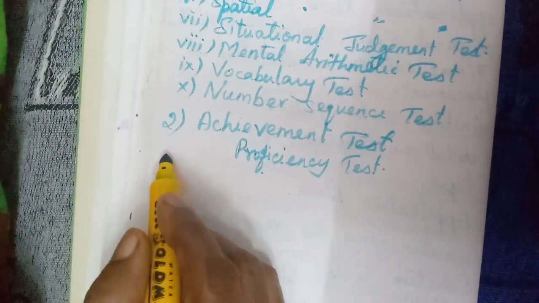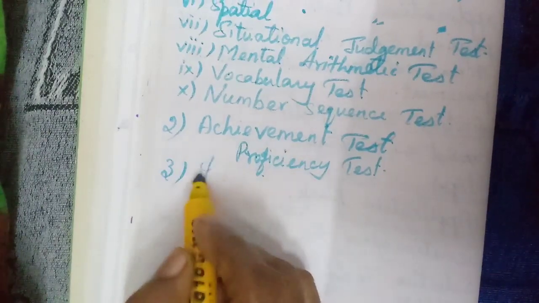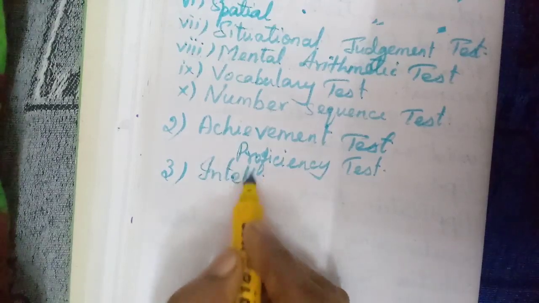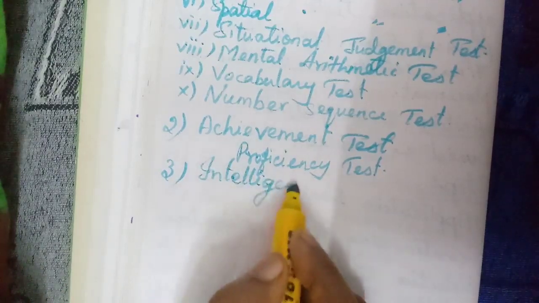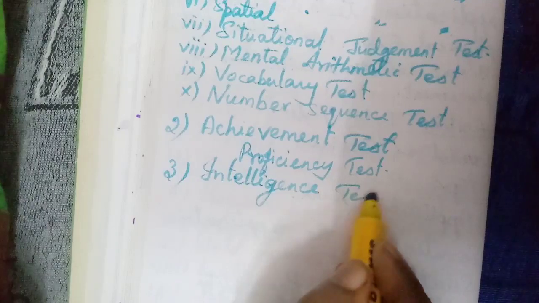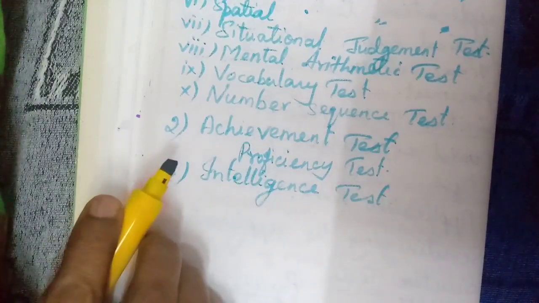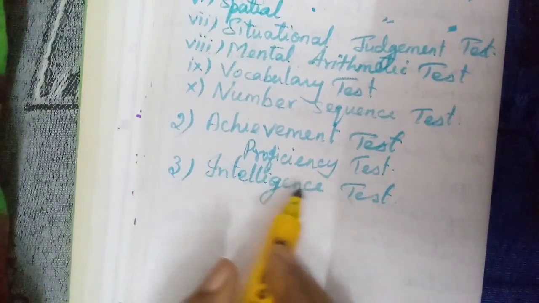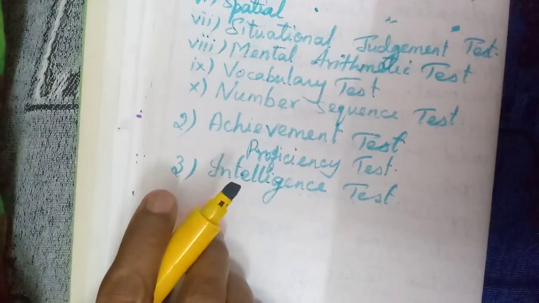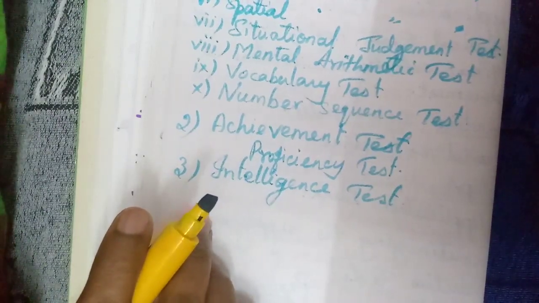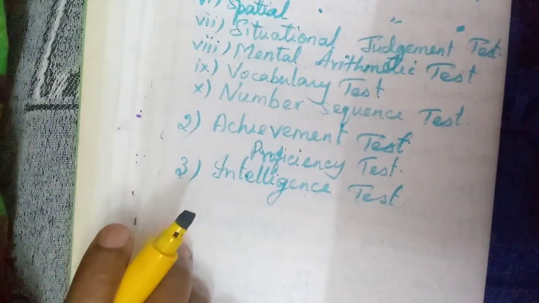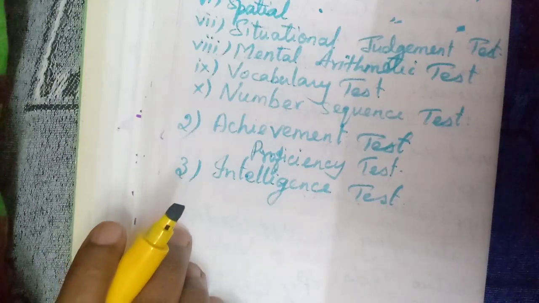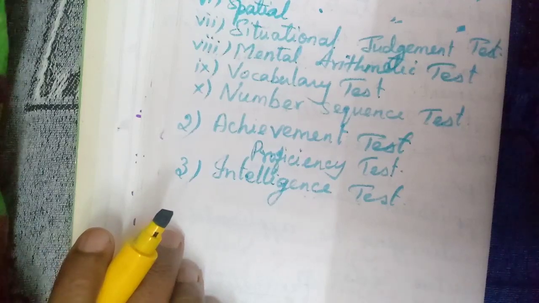Then the next test is the intelligence test. We can say this is one of the psychological tests. They measure the mental ability, how much he is mentally able, and how much individual capacity he has.